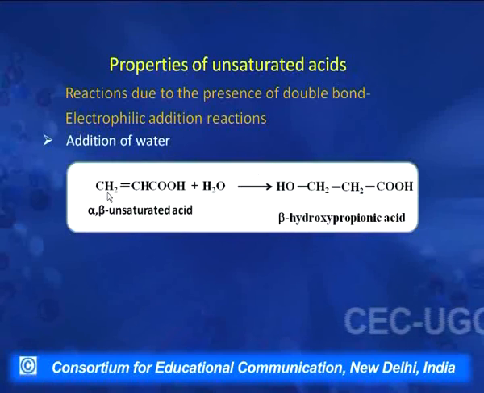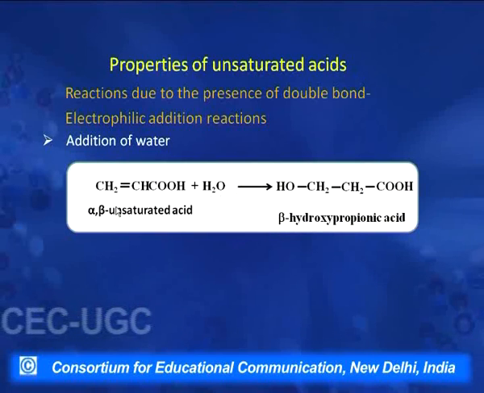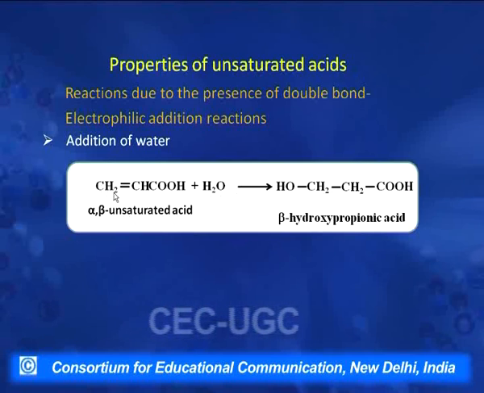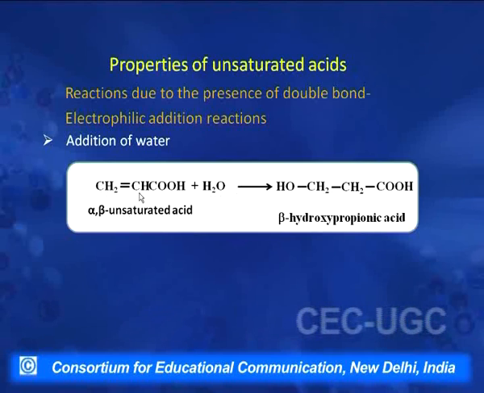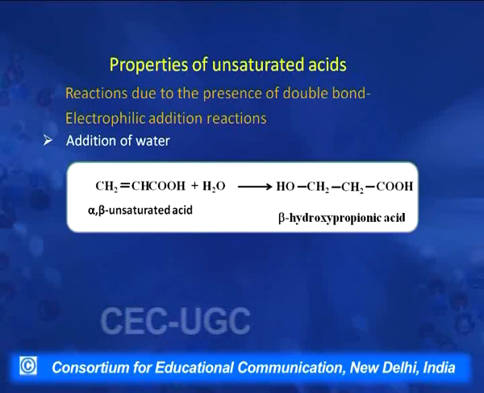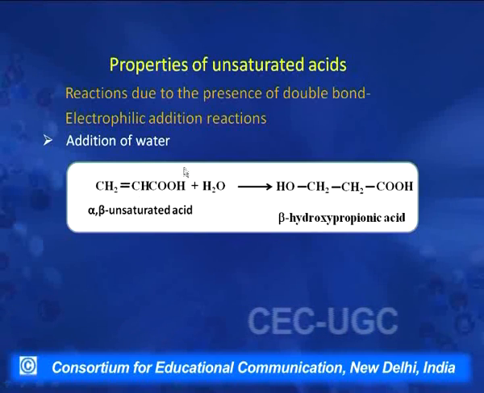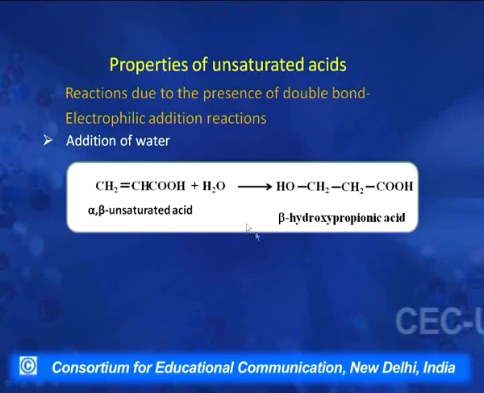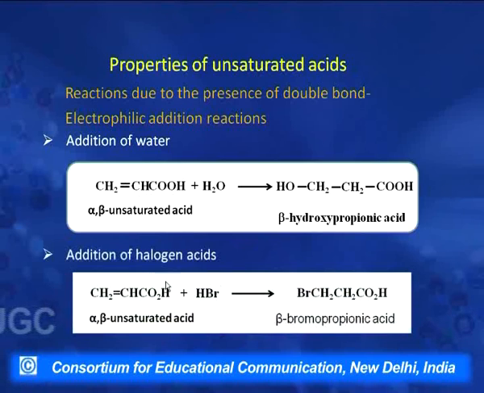Like we discussed this reaction, alpha beta unsaturated acid, when addition of water is carried out, the OH goes to the beta carbon, whereas according to Markovnikov rule we would expect the alpha hydroxy derivative, that this hydroxyl group will go at the alpha carbon. Similarly, addition of halogen acids, I discussed at that time that the bromine goes to the beta carbon and not to the alpha carbon here.